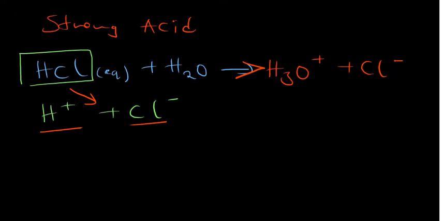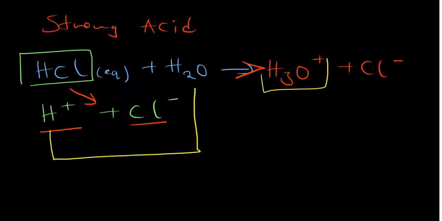Some of you are wondering, of course I've already explained where the hydronium ion is coming from. It's just a combination of this hydrogen ion and the water molecule. Now when you talk about a weak acid, on the other hand, it does not dissociate completely. Only a fraction of it will ionize.